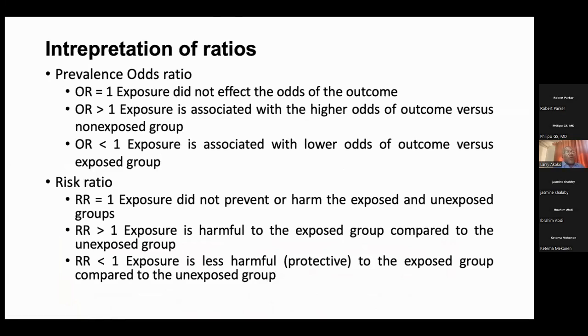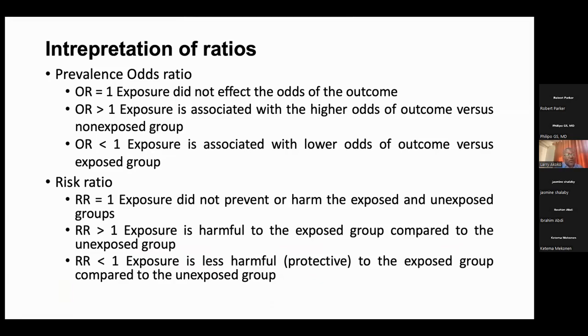So when you use prevalence or odds ratio, we can recall from our undergraduate statistics that when odds ratio is equal to 1, it means that exposure did not affect the odds of the outcome.